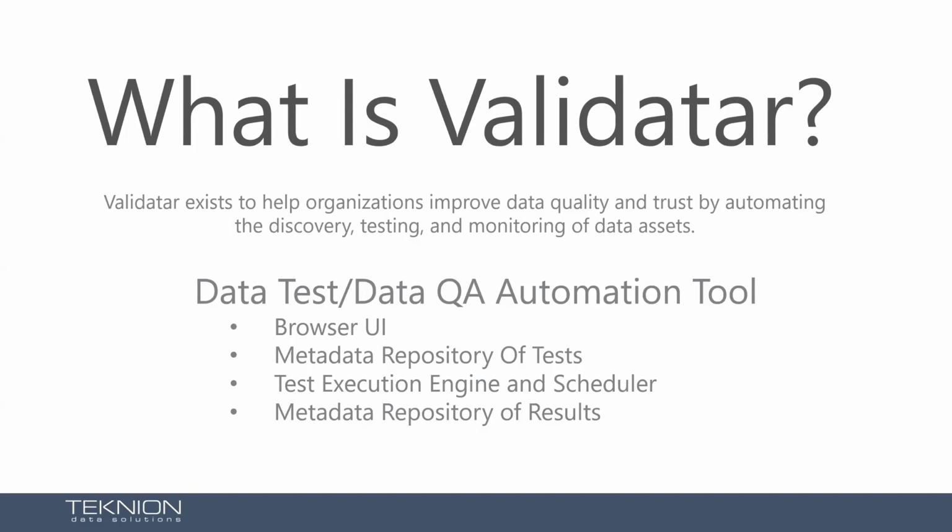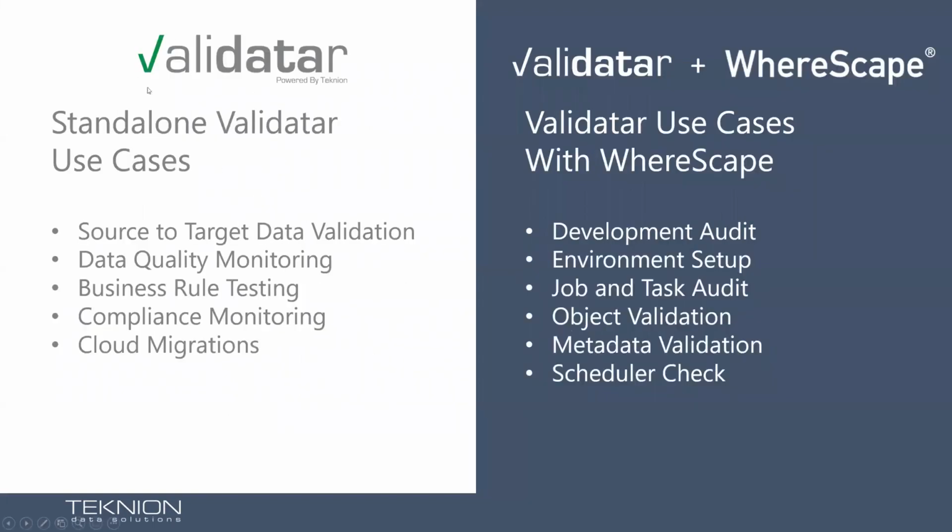Now, let's look at some use cases. On the left here, we've got some standalone use, if you're just using Validatar. We'll talk about the right-hand side in a second. The sort of things people will use Validatar for are things like source to target data validation. Have I loaded all the records? Do the sums match? Is my incremental loading everything that it should?